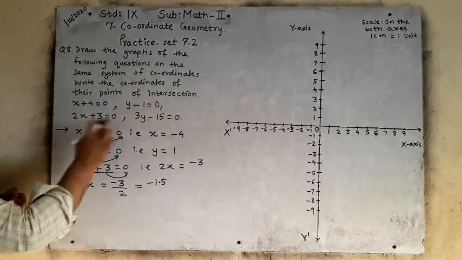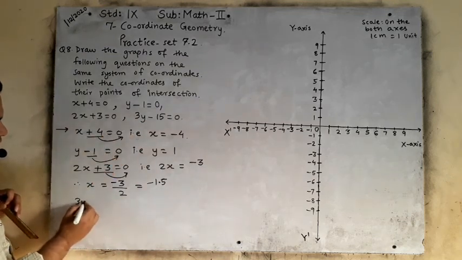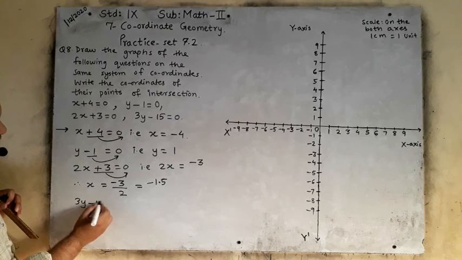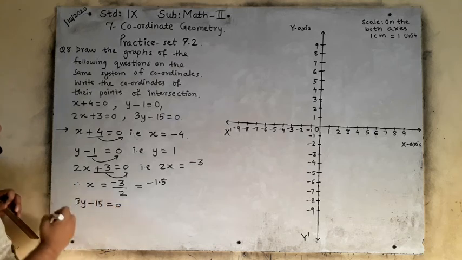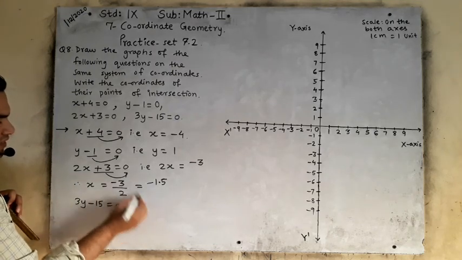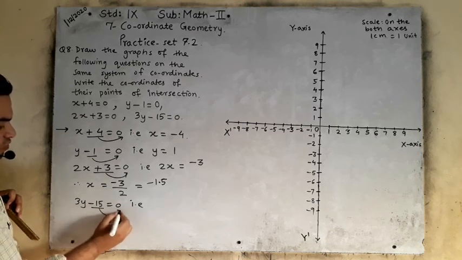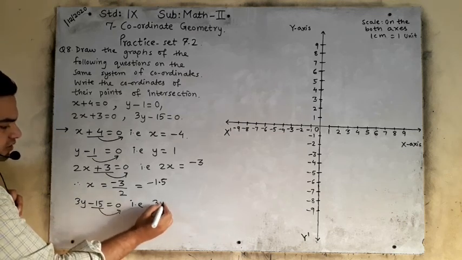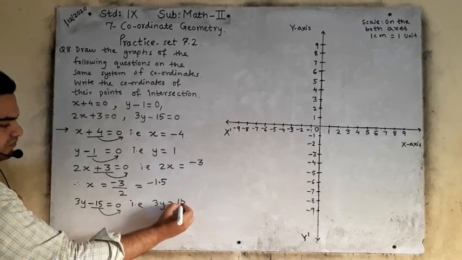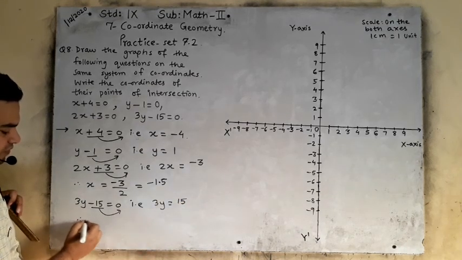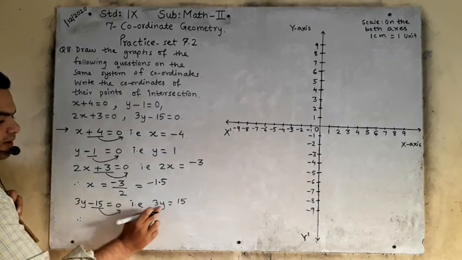Now see the next one, 3y minus 15 is equal to 0. Now similarly you will solve like this only. This minus 15 will go to the right hand side, therefore 3y is equal to plus 15. Therefore you will say 3y, 3 multiplied by y.